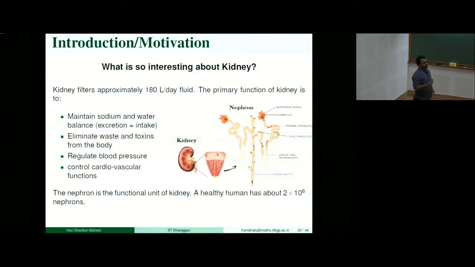So basically, nephrons are the functional unit of the kidney. We may have studied that a long time ago in high school. And a healthy human has almost 2 million nephrons.